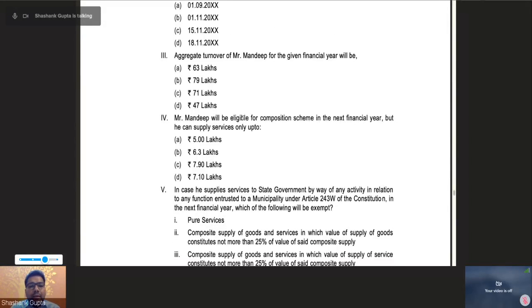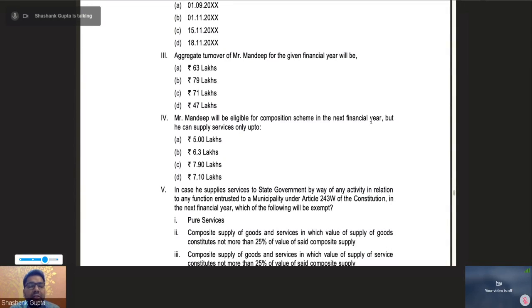Next, Mr. Mandeep will be eligible for composition scheme in the next financial year. Okay, this they have already told. But he can supply services only up to, so what have we discussed in this regard?